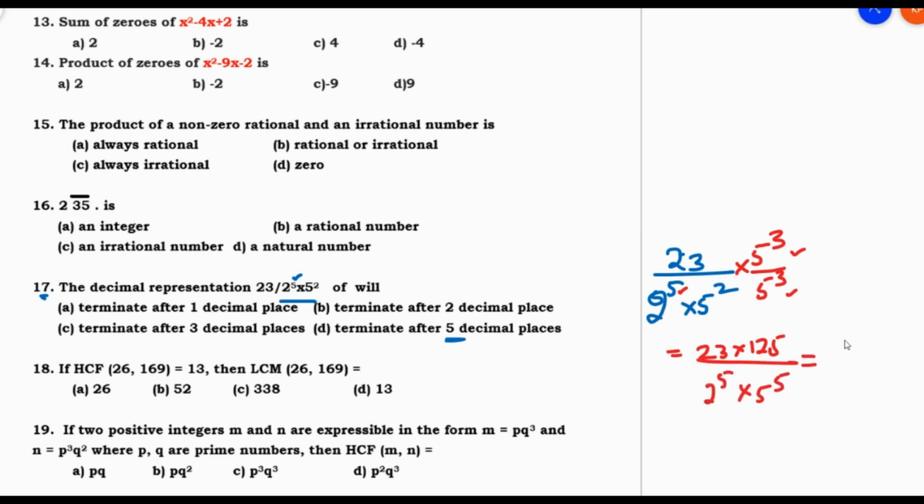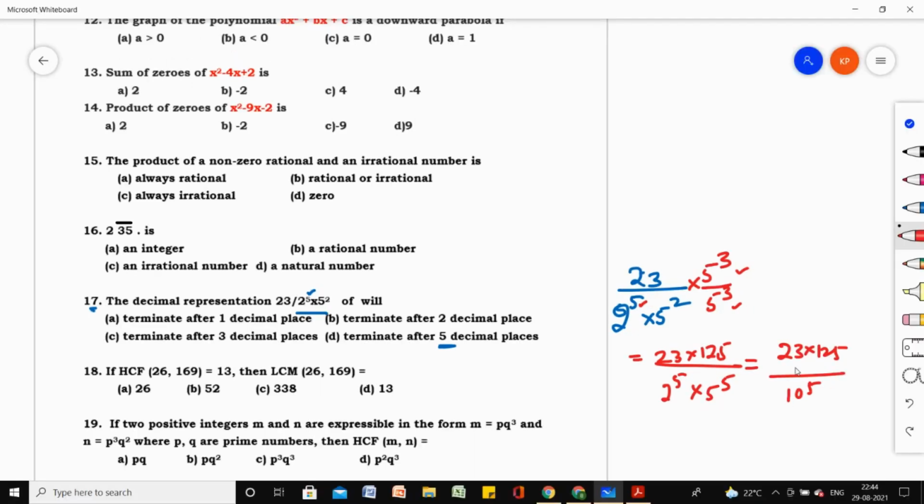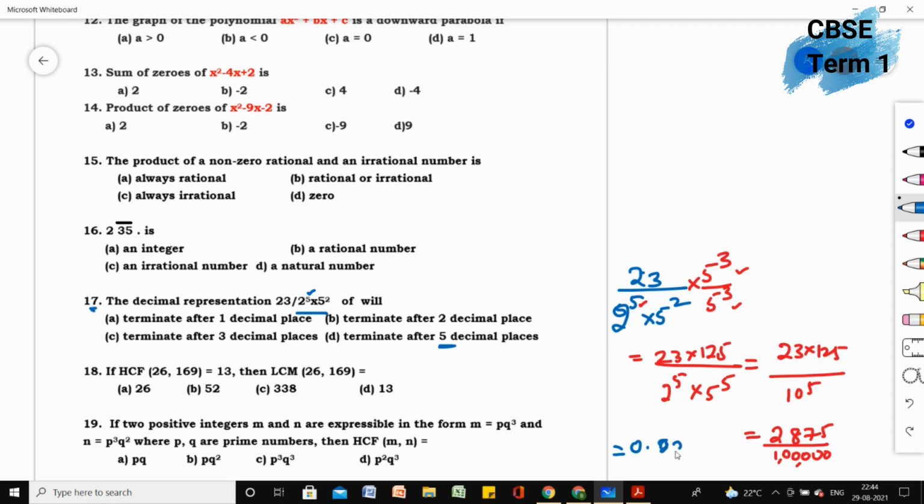So 2 power of 5 and 5 power of 5 can be written as 10 power of 5. 23 into 125 is nothing but 2875 by 10 power of 5, which is 1 lakh. So 2875 by 1 lakh can be represented as 0.02875. So this fraction will terminate after 5 decimal places. So the correct option for the 17th question is D.